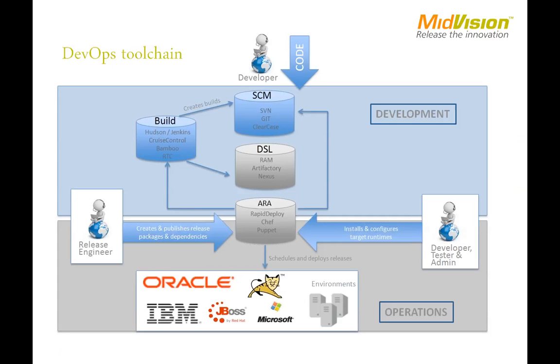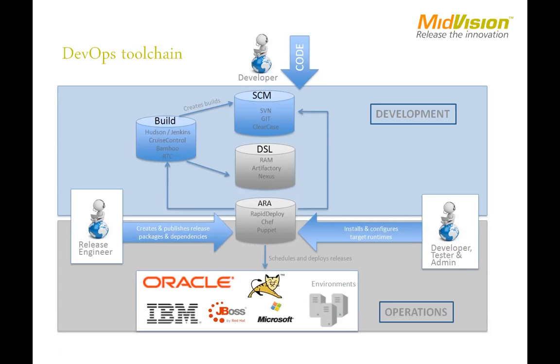So RapidDeploy can connect through to build systems like Jenkins and Cruise Control and RTC via different protocols like JMX, for example, in order to invoke a build. And then the final part that I really want to talk about is the concept of using a DSL. There are a couple of different meanings for DSL, and in this one I'm referring to it as a definitive software library.